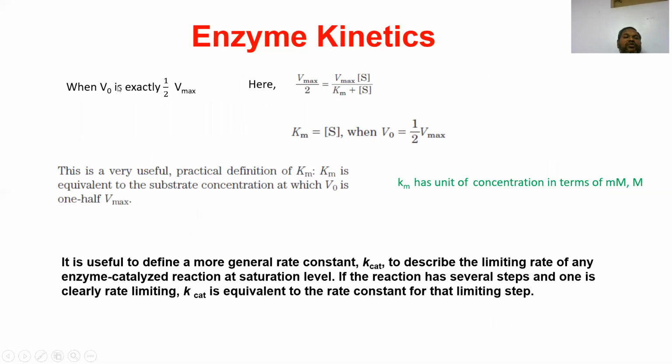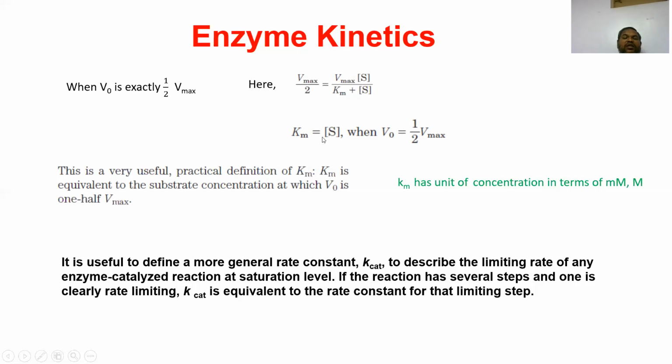So V0 is exactly half Vmax. If you put that in, Vmax half is equal to Vmax times substrate concentration over Km plus S. Here is the Km. Km is the Michaelis-Menten constant. So how will we define Km?